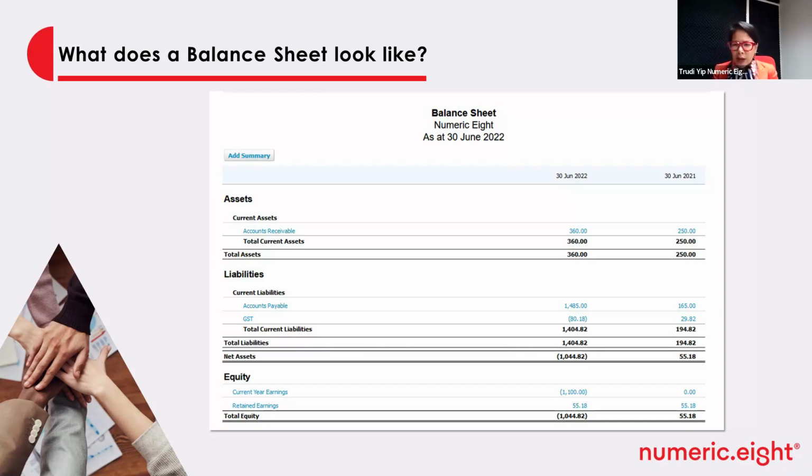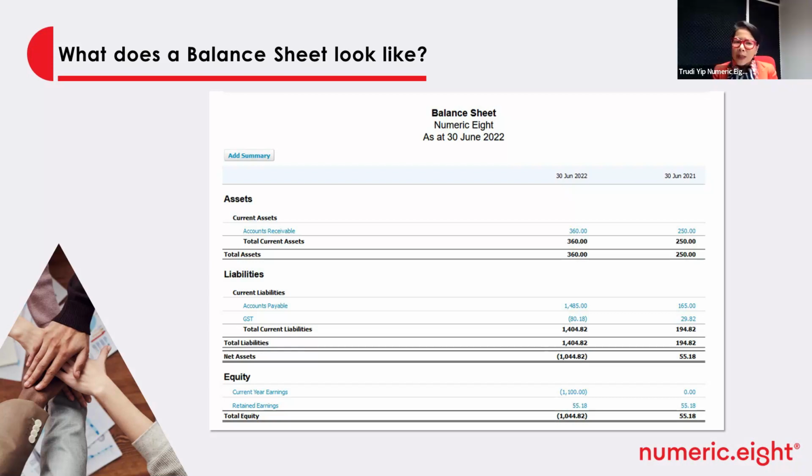So all the cash on hand, all your bank accounts should be in current assets. It'll also show your accounts receivable, how much people owe you at that particular given time. So if I was to put in a date, say the 15th of July, you should be able to type that in and it should be able to spit out exactly what your position is as at that day.